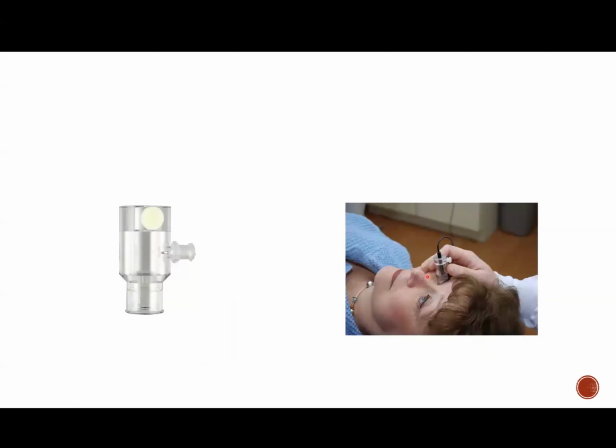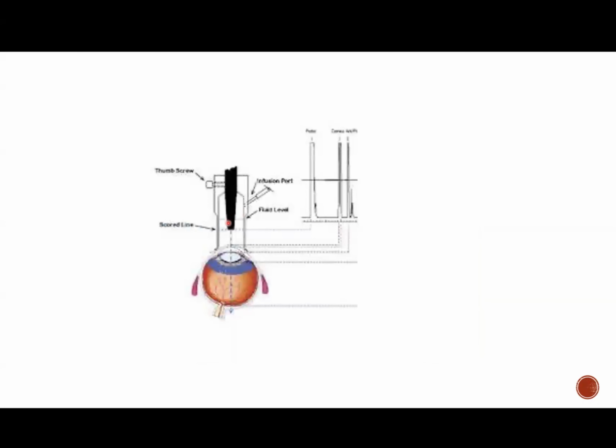Now, another problem with this ultrasound probe: it is nearly 1 centimeter in diameter. So whenever the ultrasound waves pass, it is not exactly positioned onto the fovea; it is positioned around the fovea because of the area of nearly 1 centimeter.